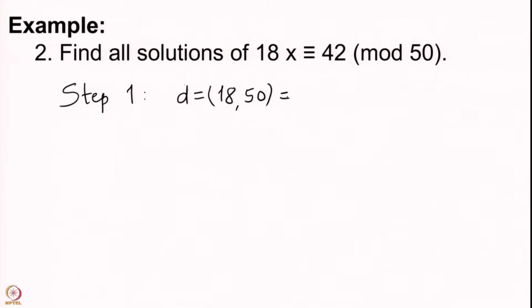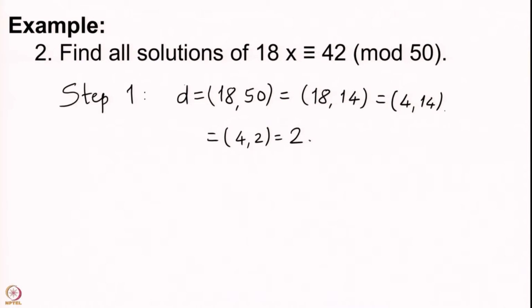That will give you 18 and 14, because 18 times 2 is 36, and once you remove 36 from 50, you are left with 14. This is the same as 4 comma 14, which is the same as 4 comma 2, and therefore the GCD is 2. Here 2 divides 42.